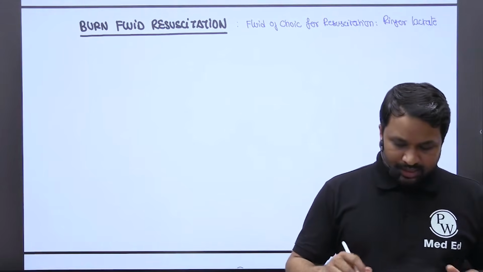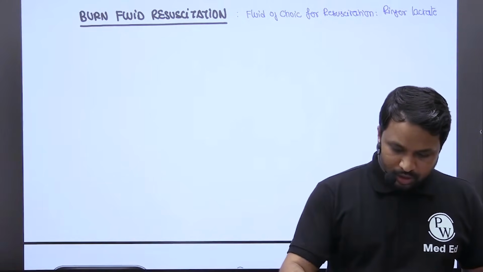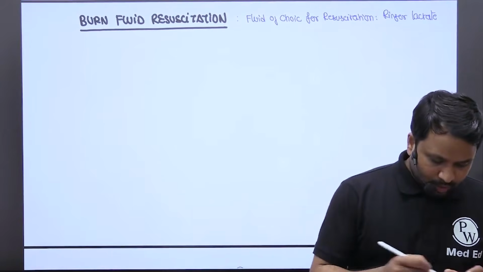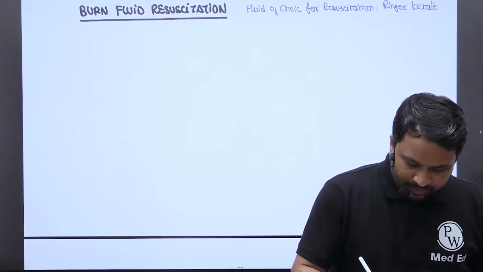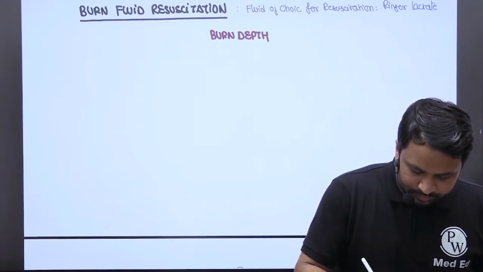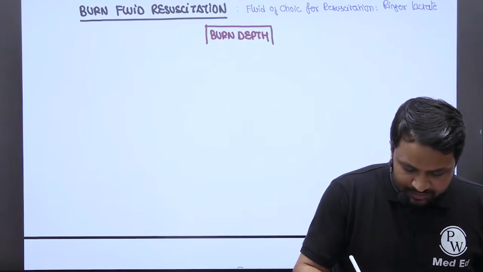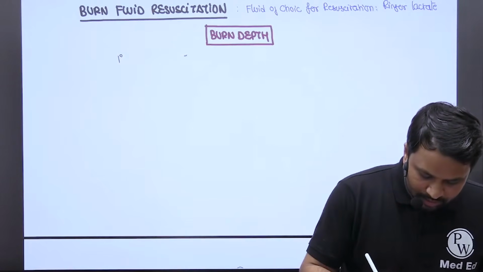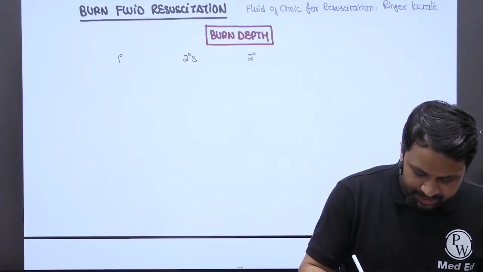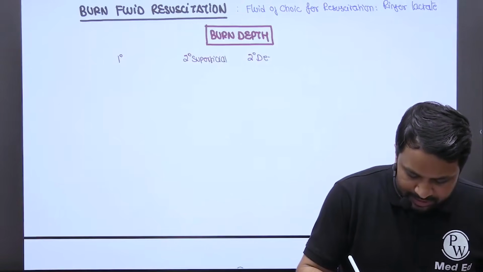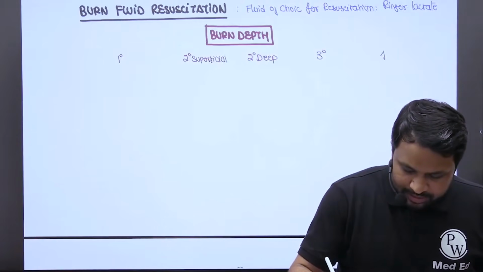Now, in order to know that, how would you look at this? There is something called the depth of the burn wound classification. Based upon the burn depth, this is how we classify. The burn depth is classified into first degree burn, second degree superficial, second degree deep, third degree burn, and fourth degree burn.